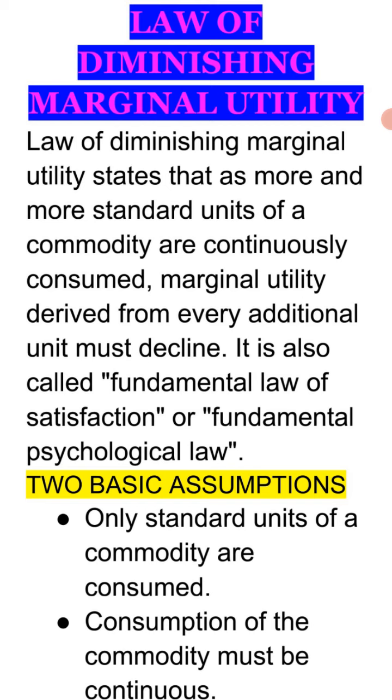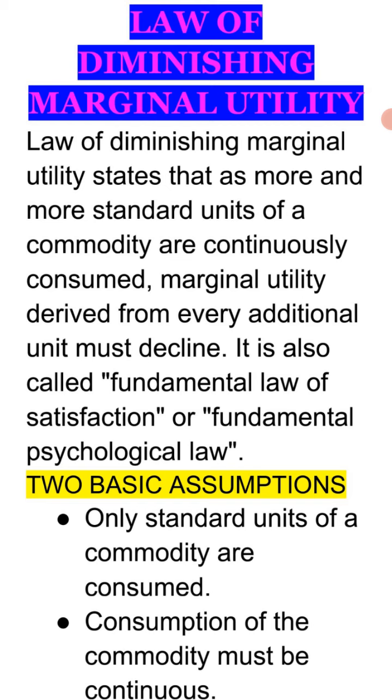It is also known as the fundamental law of satisfaction and fundamental psychological law as well, and we have seen this trend in the previous lectures, in the numerical as well, that the value of MU keeps on decreasing.